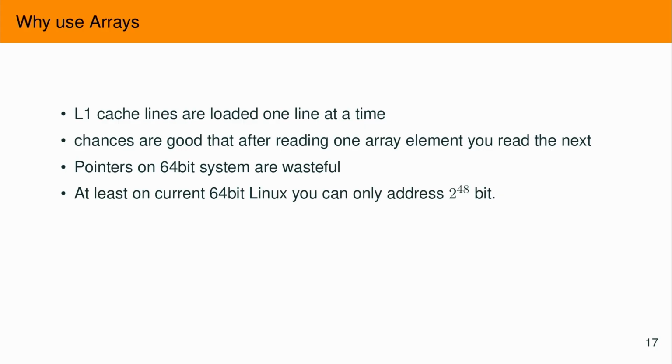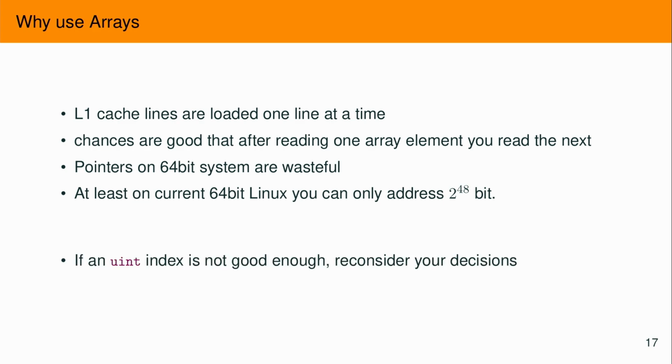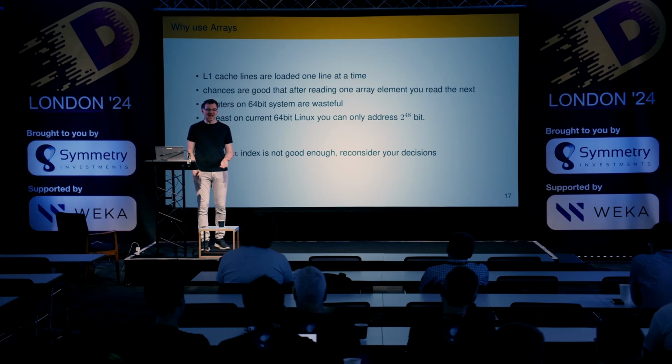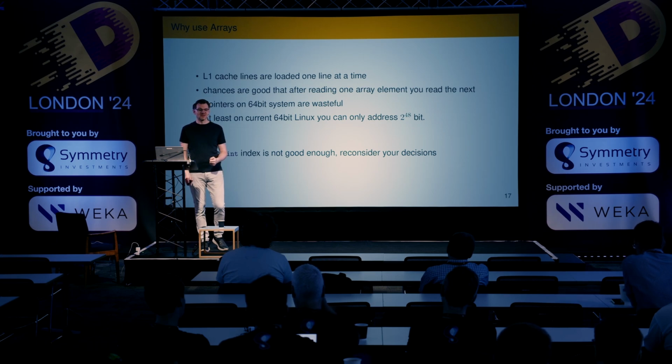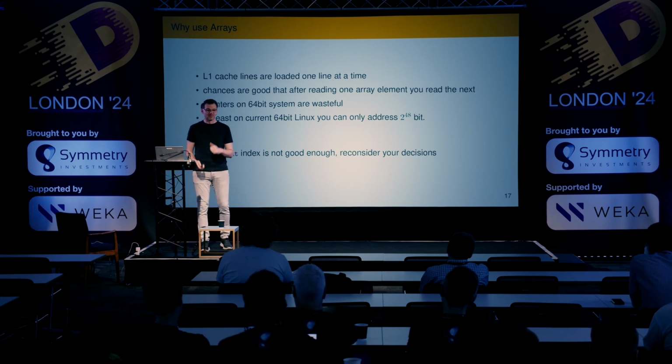So who cares about pretty much 32 bits of our pointers? Maybe there's something that we could exploit. I would say uint indices are pretty much always good enough to address all the memory that your program will ever need. And you've already saved half the size of a pointer, so yay, basically for free.